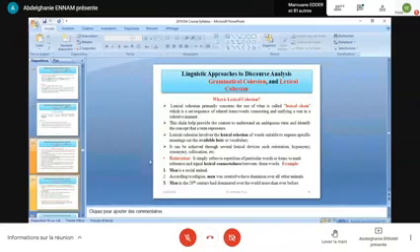Sometimes teachers tell students, your paragraph is full of repetition. You have to avoid repetition so that your paragraph or essay reads better. But repetition is not always bad.